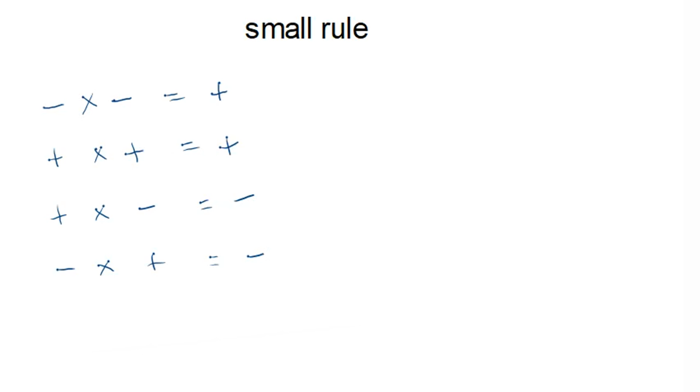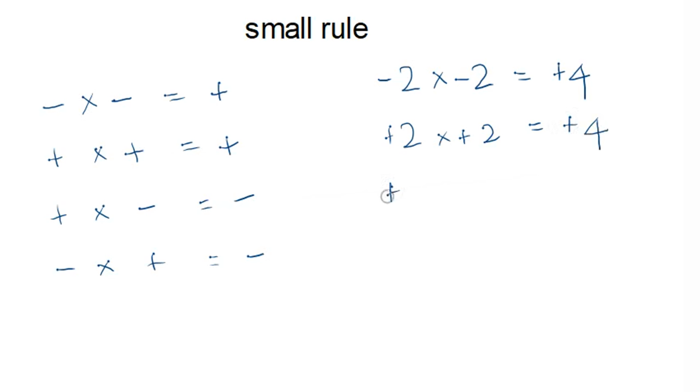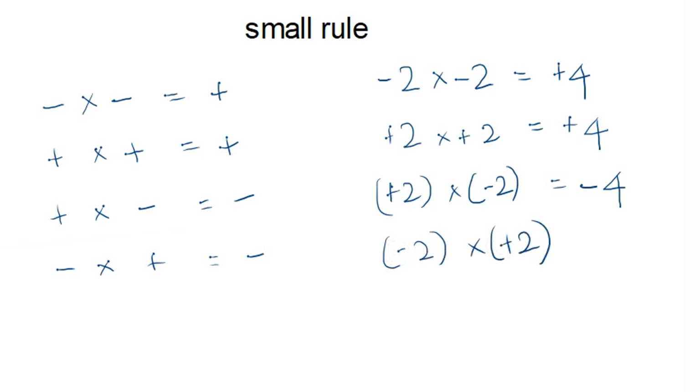I will tell you the same small rules with example. If it is minus 2 into minus 2, then you will write it as plus 4. If it is plus 2 into plus 2, then again you will write it as plus 4. If it is plus 2 into minus 2, then you will write it as minus 4. If it is minus 2 into plus 2, then we'll write that as minus 4.